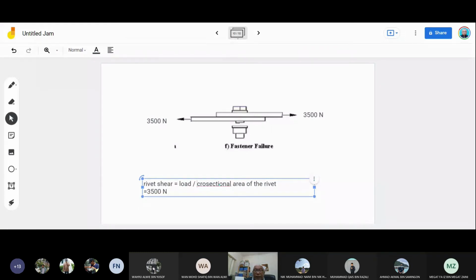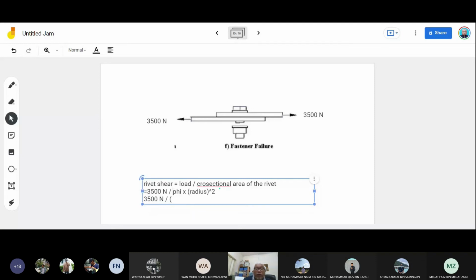Divide by the cross-sectional area, which is pi times radius, squared. Only the radius is squared.